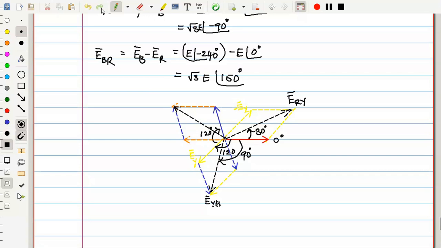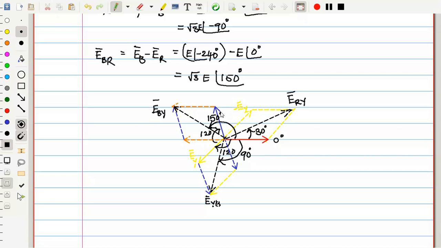What is that line voltage? Is that EBR. So how much is the angle made by this? It is 150 positive. Here to here angle is 150. Try to observe carefully. From where? From reference. This angle is how much? 150.